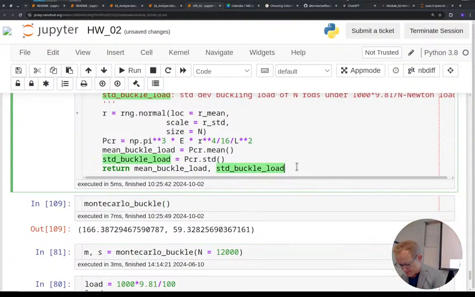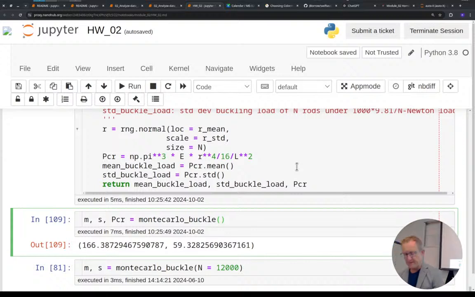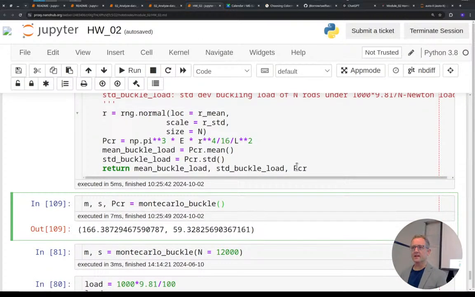And we can even take a look at P critical. If I just add another output saying, hey, what is this P critical? What are the results here?